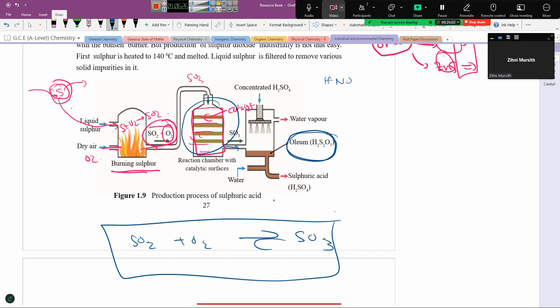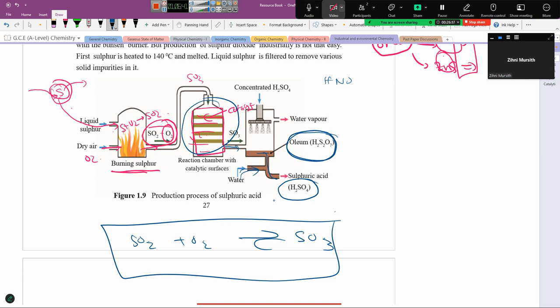Now this oleum is coming through this tube, and we have to incorporate water into this tube so that ultimately we can get H2SO4. This is how sulfuric acid is produced industrially.